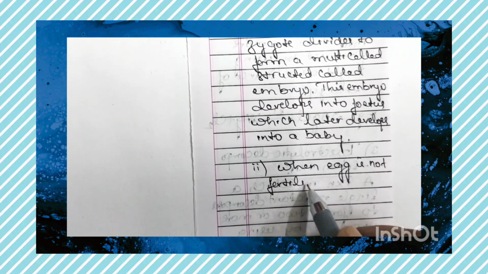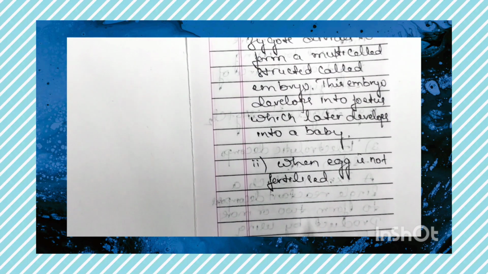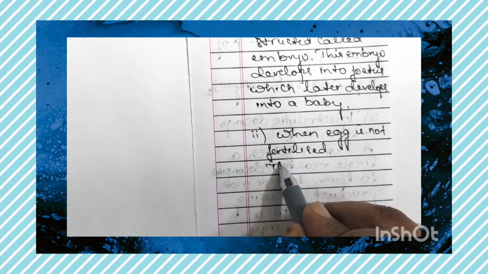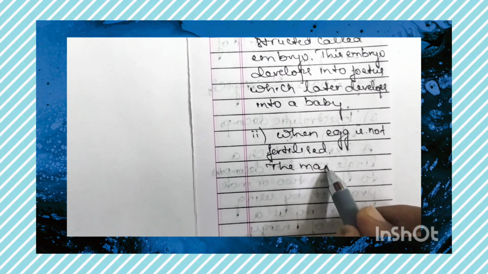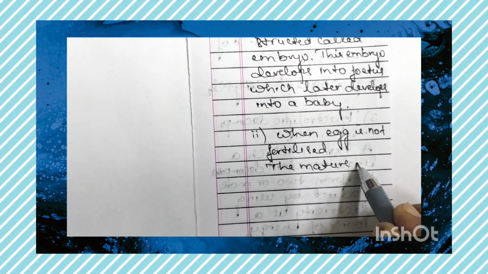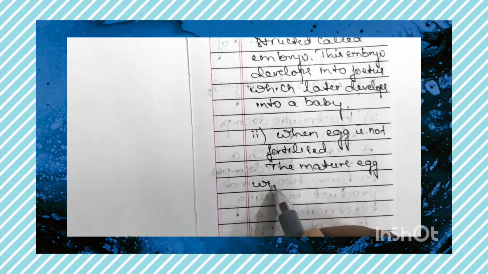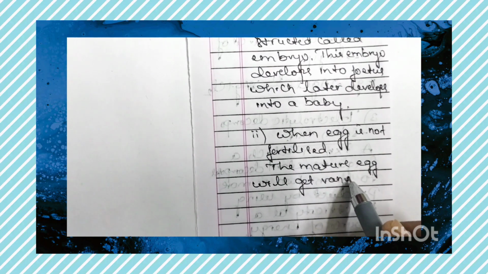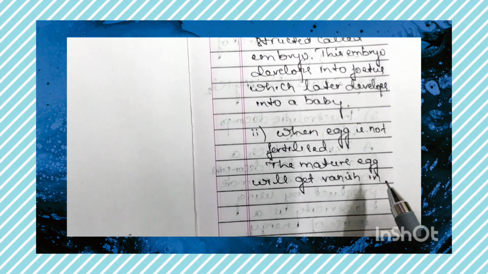When the egg is not fertilized, the matured egg will vanish in the uterus.